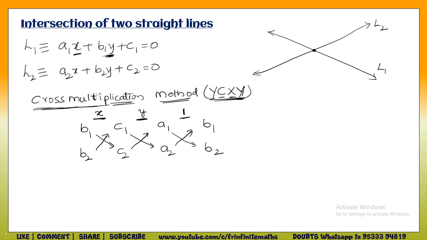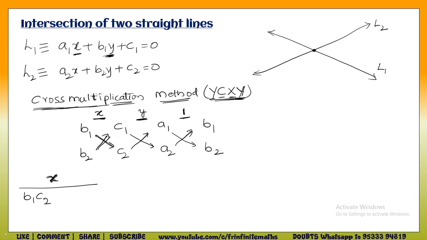Now if you observe carefully, to find the value of x, here x divided by, now the cross multiplied values should be written below this x, and these should be written in the form of proportion. Then B1 into C2 — already you know in the concept of determinants, we find the determinant of B1, C1, B2, C2, the second order determinant, right?